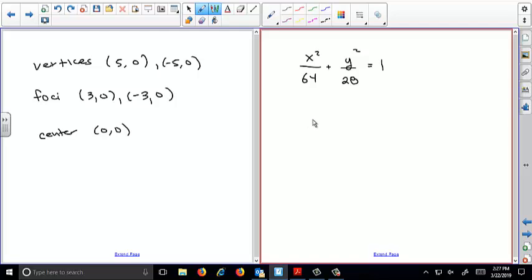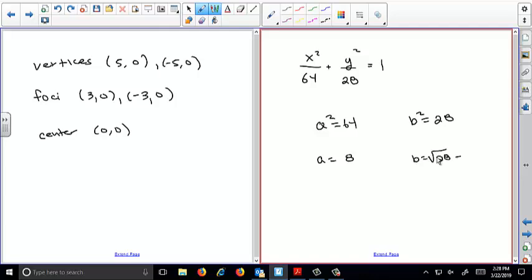So again, this one's bigger. So a squared is equal to 64, or a is equal to 8. B squared, which is the smaller one, is equal to 28. So b is equal to the square root of 28.